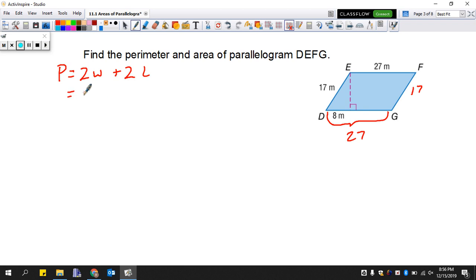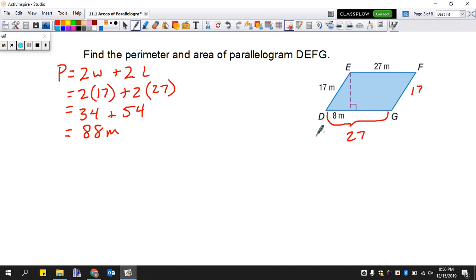That's 2 times 17 plus 2 times 27. 2 times 17 is 34, plus 2 times 27 is 54. When we do the math, 34 and 54 is 88 meters.